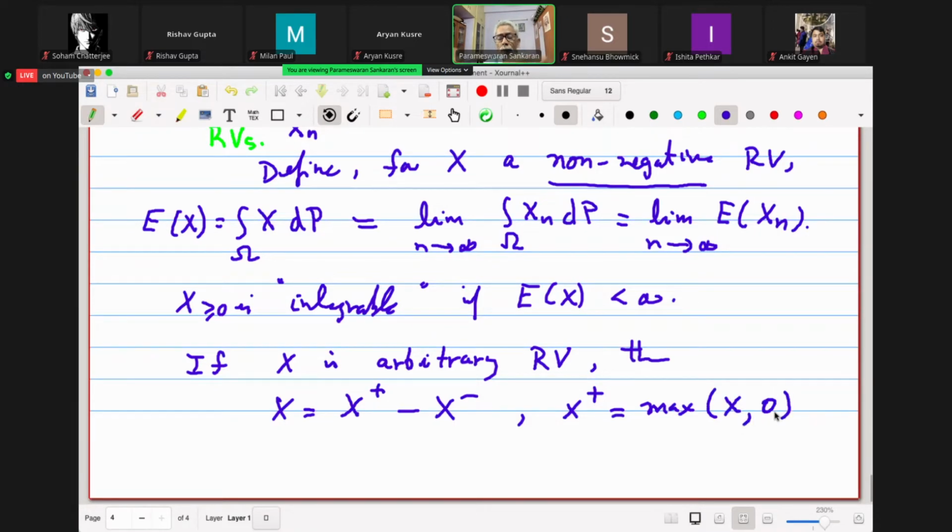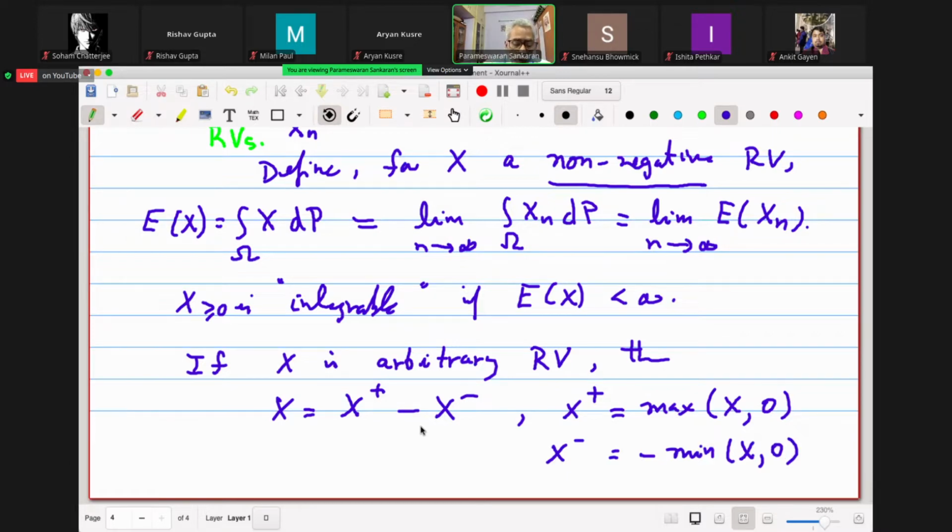So think of the graph of x: whatever is below the x-axis, you take it to be 0. And x minus you take to be the minimum of x comma 0, so it will be negative when x is negative. In order to make x minus a positive thing, you just put a minus in front. So now x minus is also a non-negative random variable, and x is the difference of two random variables.